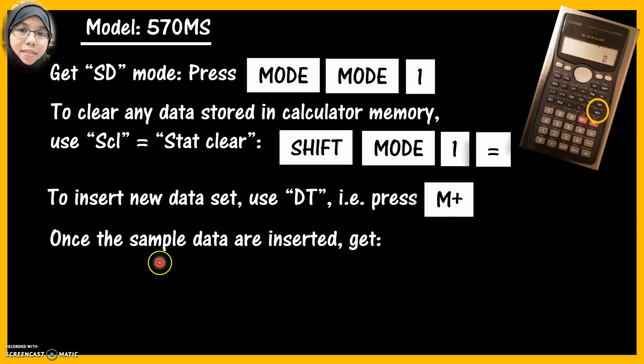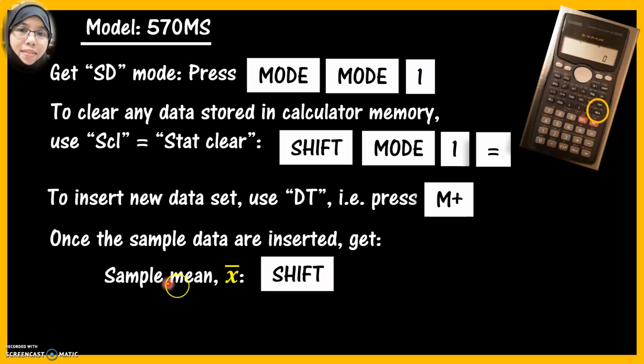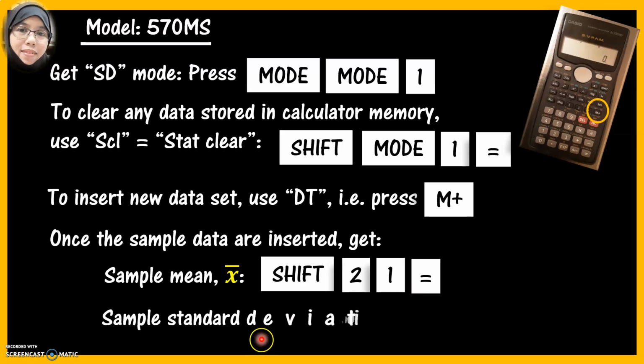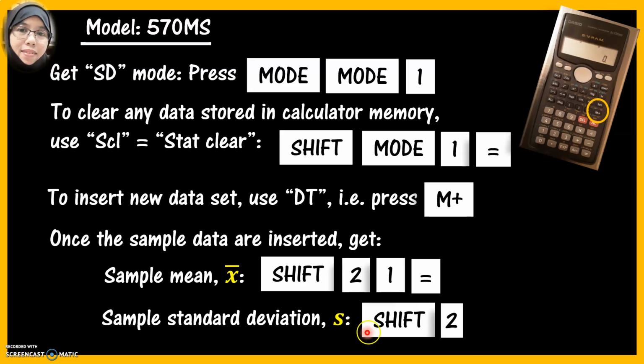So once the sample data are inserted, you can get X bar, which is a sample mean, directly from your calculator by pressing shift 2 1 equal to. And to get sample standard deviation denoted by S, you can press shift 2 3 equal to.